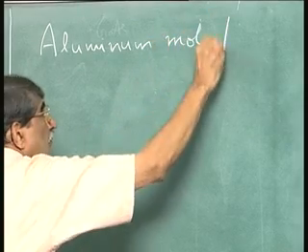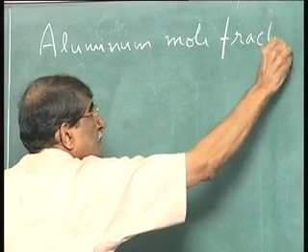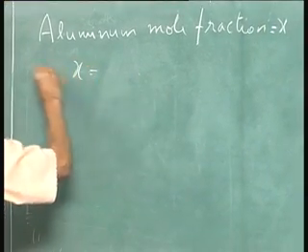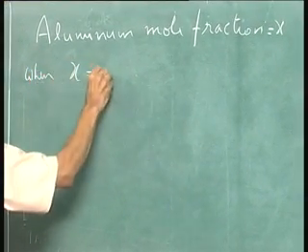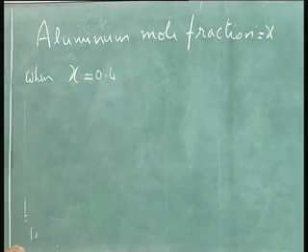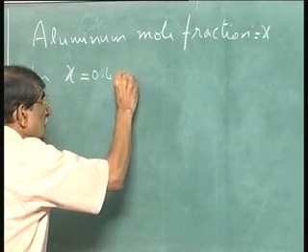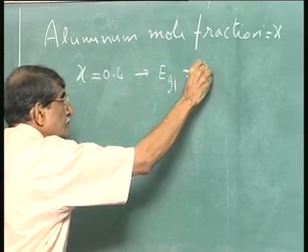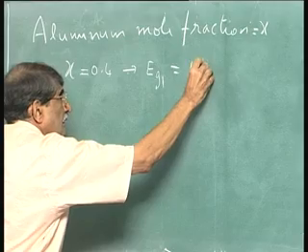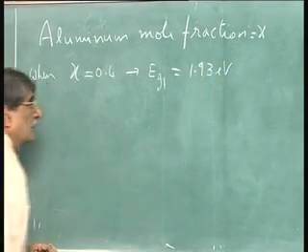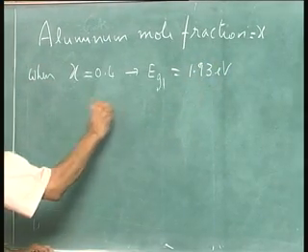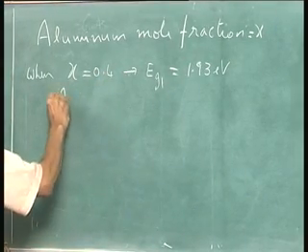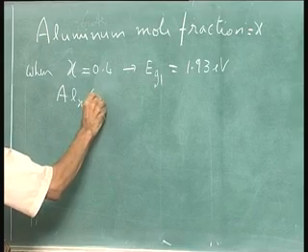This is for AlGaAs. Then E g 2 for gallium arsenide is equal to 1.43. So, delta E g is 0.5.